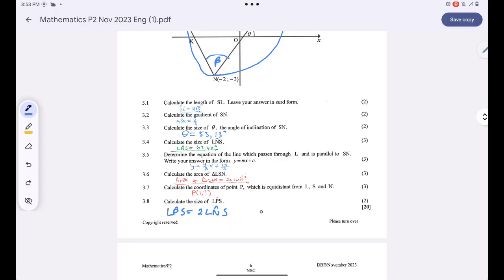The reason behind this is the angle at center is 2 times the angle at circumference. That angle we found it to be 63.44. 2 multiplied by 63.44 will simply get 126.88 degrees.